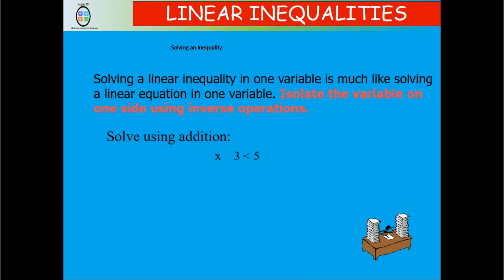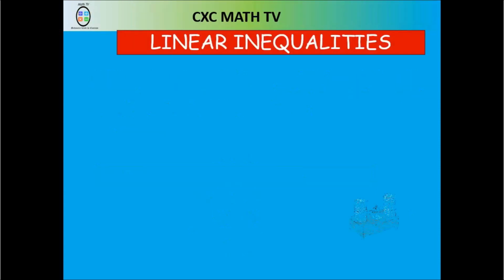So for example, if you see x minus 3 is less than 5, the inverse operation is addition. So you'd add 3 to both sides, and then you'd end up getting x is less than 8. Alright, so notice we isolated to finally get the range of values for x.